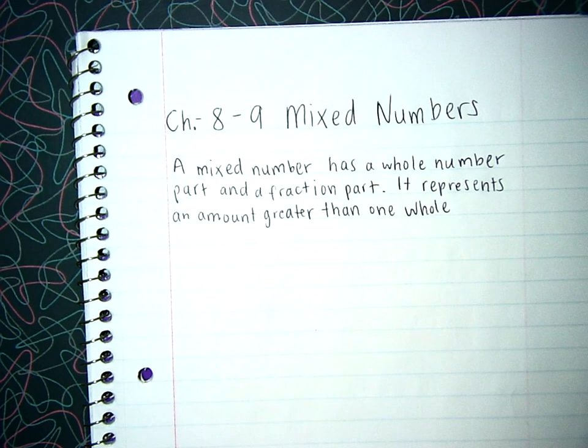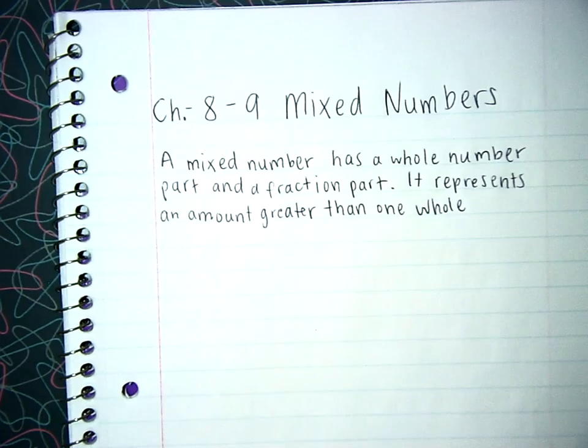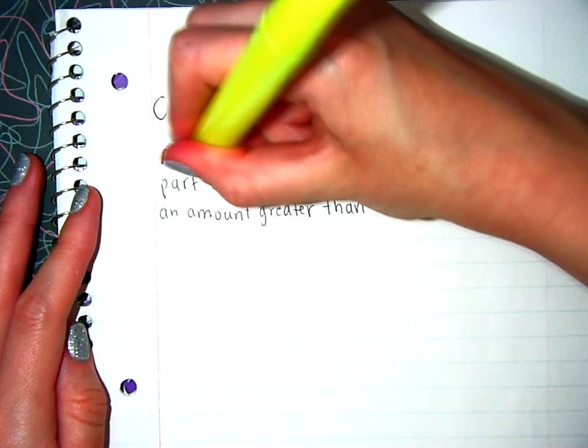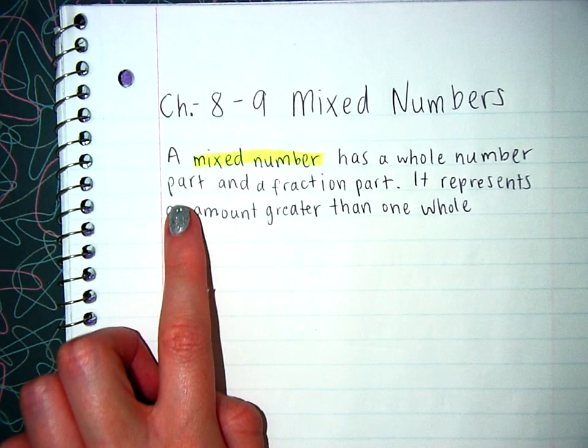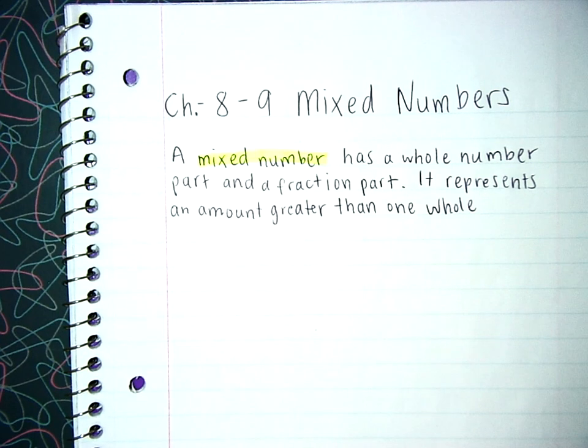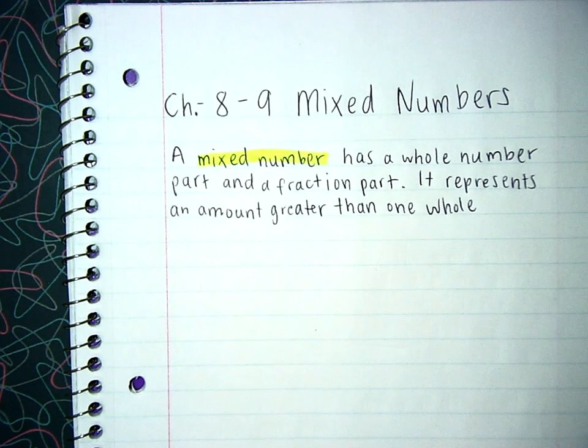All right, so that is the definition of a mixed number. I know it is a bit, but the main things that you need to know is that it has a whole number part and a fraction part. And it's talking about it being more than just the number 1.